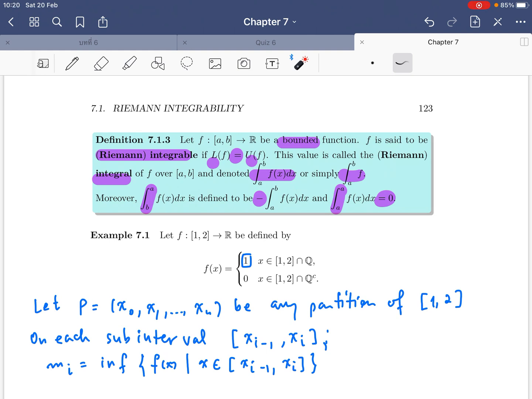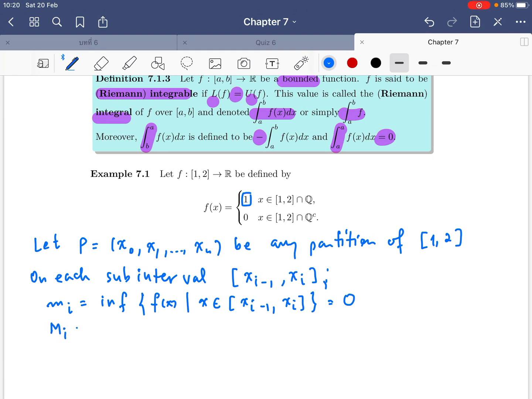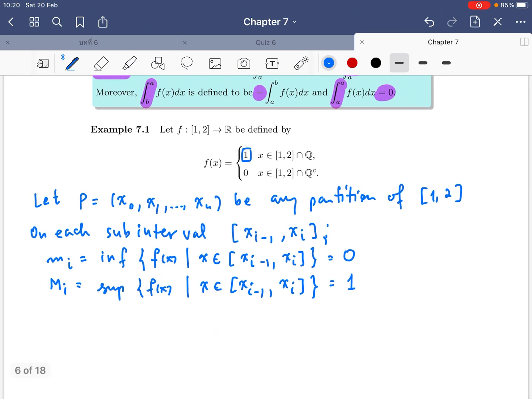So the infimum, of course, will equal 0. On the other hand, if you are talking about the supremum over the same closed interval, you immediately see that the supremum will be 1.